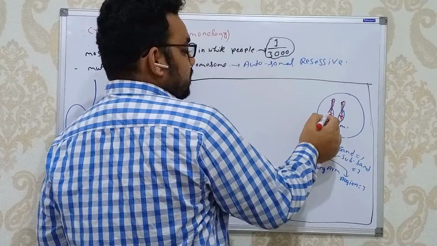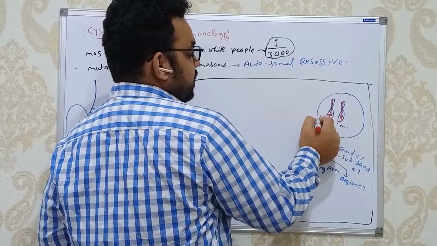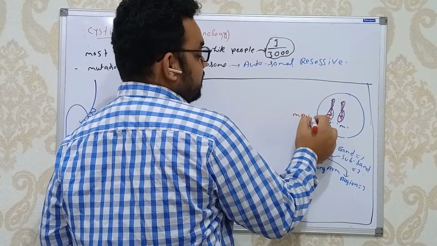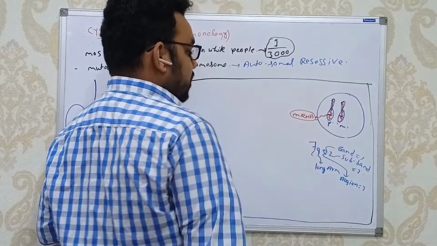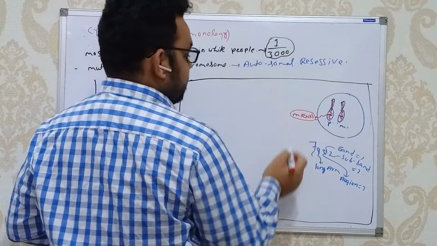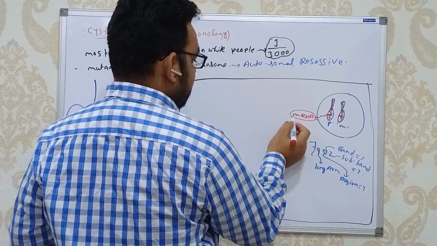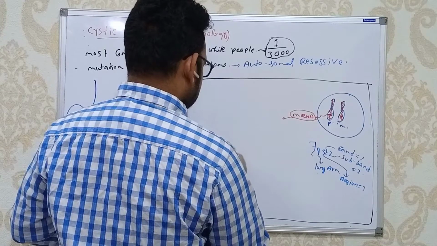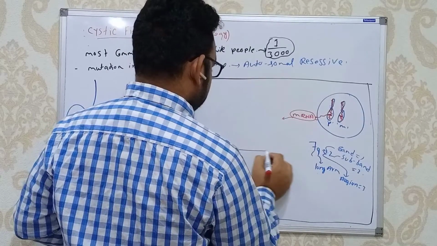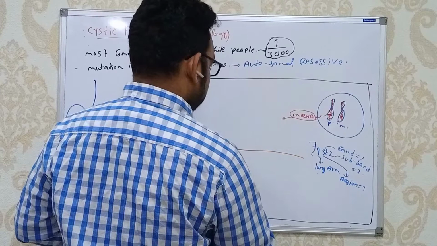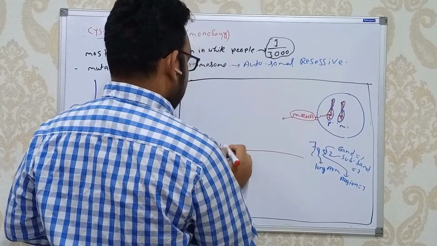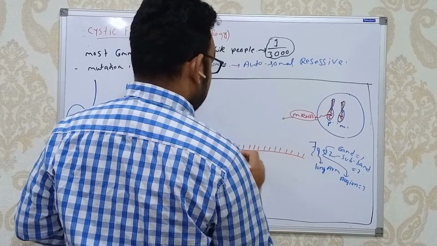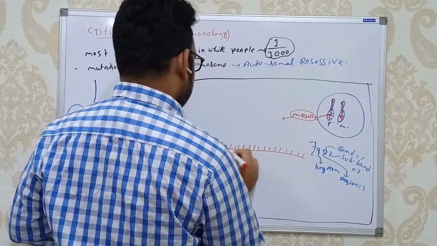Now this gene, through the process of transcription, will produce an mRNA, and this mRNA will come outside into the cytoplasm for translation. Let's suppose I am drawing the mRNA here, and within the mRNA there will be a sequence of nucleotides, along with the ribosomes.